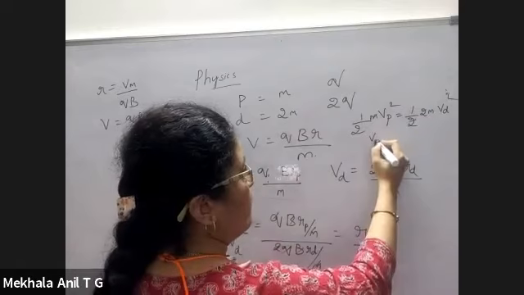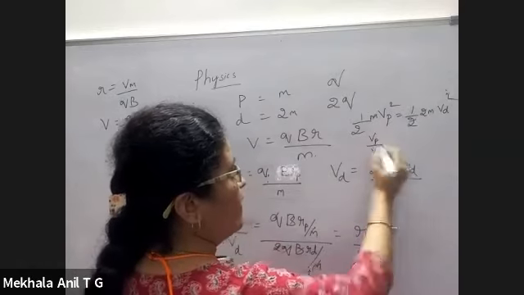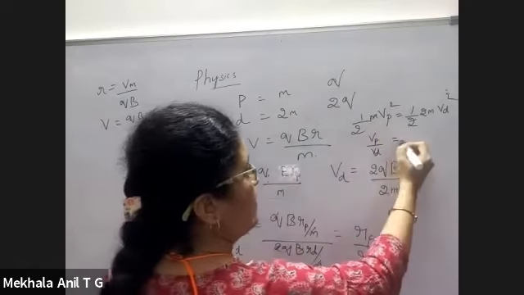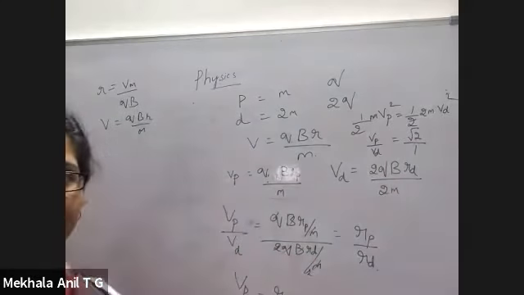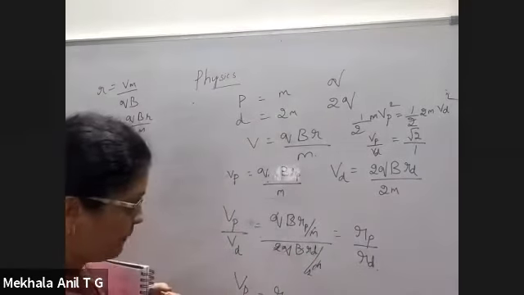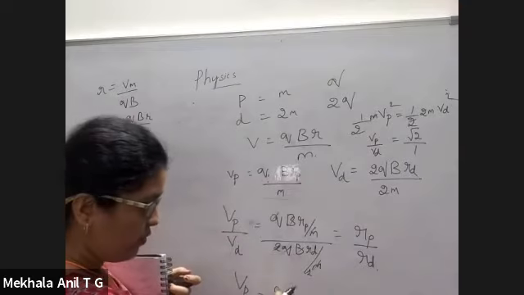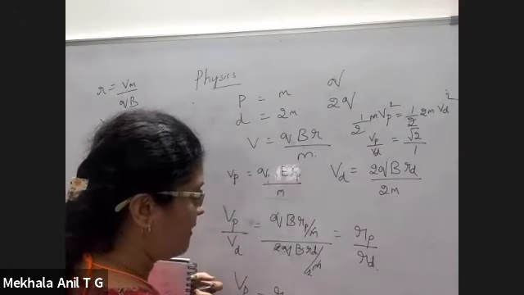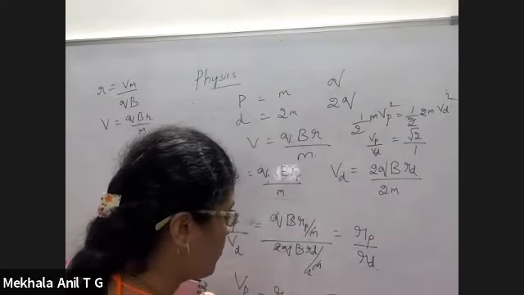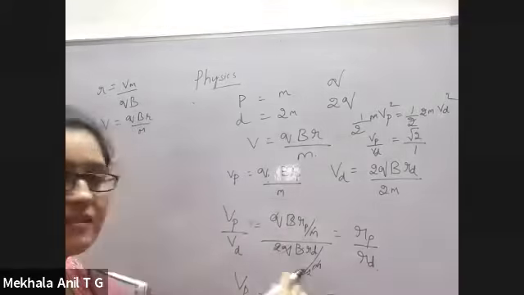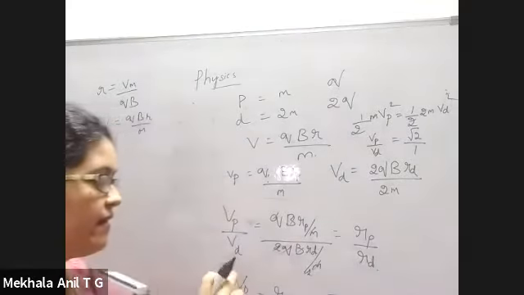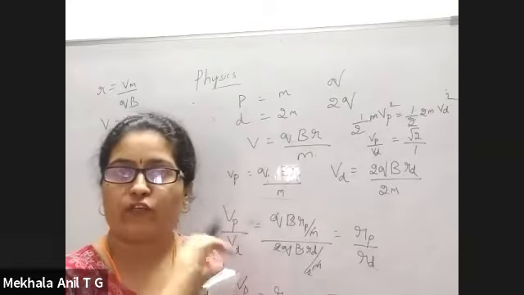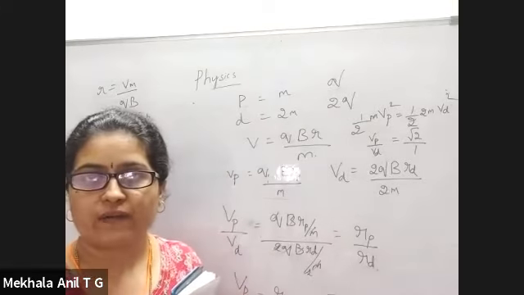Therefore, vP by vD is equal to root 2 by 1. So therefore, vP by vD is equal to RP by RD is equal to root 2 by 1. So this is the ratio of the velocity as well as the radius of proton and deuteron.